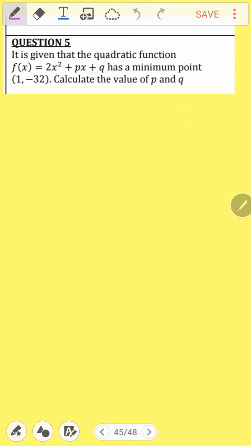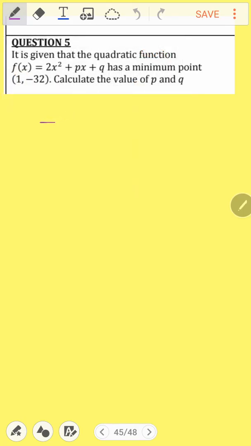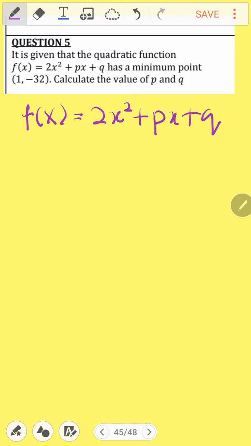Okay, let's begin with rewriting the quadratic function. This is f(x) equals 2x squared plus px plus q. If we want to do a CTS, we have to take note that the value of a should be a equals to 1.